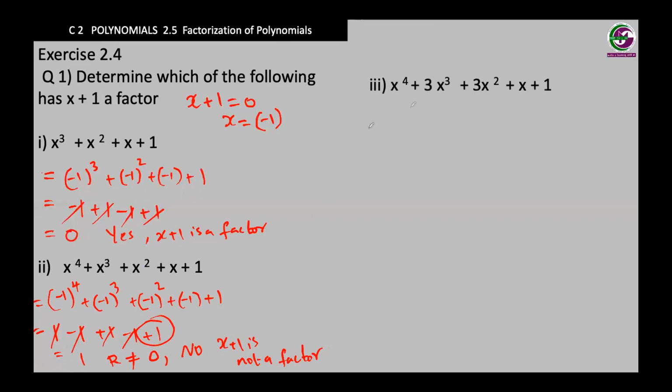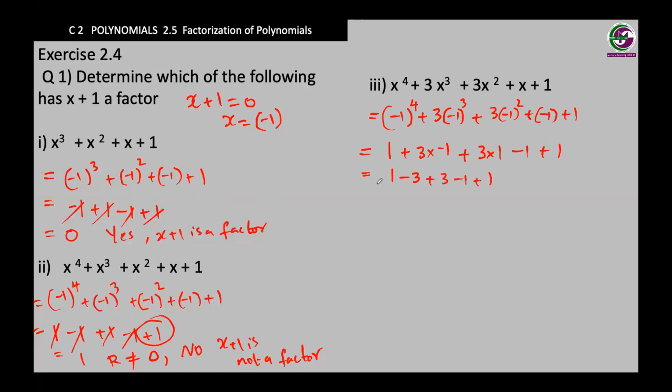Let's see more cases, which is part 3. We can rewrite. Again, it is negative 1 power 4 plus 3 times negative 1 power 3 plus 3 times negative 1 power 2 plus negative 1 plus 1, which is equal to: power 4, so positive, power 3, so negative, positive, negative 1, which is equal to 1 minus 3 plus 3 minus 1 plus 1.